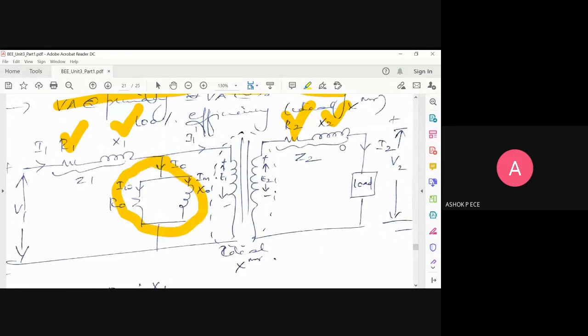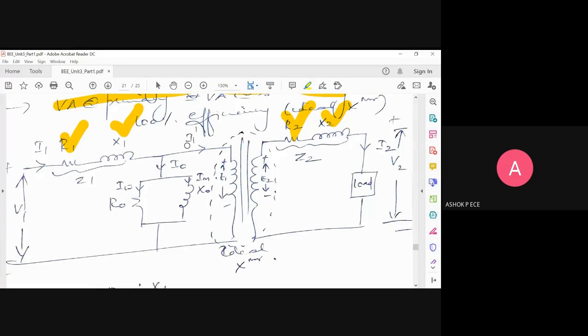If you remove the load, only these two currents will dominate. The no load current has two components. What are they? Magnetizing current and current due to core loss. IM is your magnetizing current, which always flows across the inductor X naught, and the core loss current always flows through your resistance R naught.